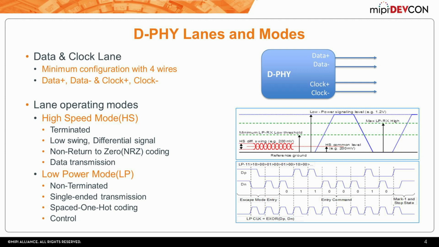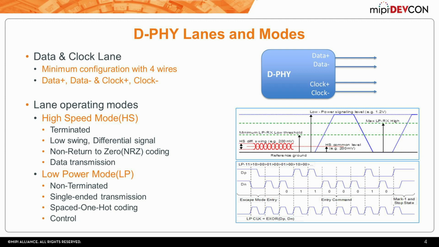The other mode, which is the low power mode, which you see here in blue, has a higher amplitude. And in this case, the receiver is unterminated, and it has a lower toggle rate, which is primarily used for control purposes. For example, sending control commands between the apps processor and the camera.